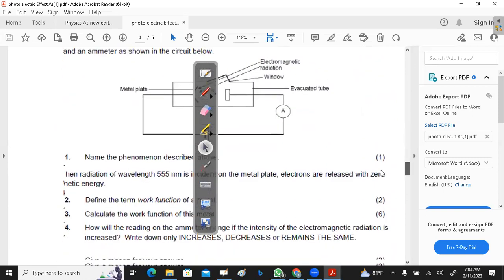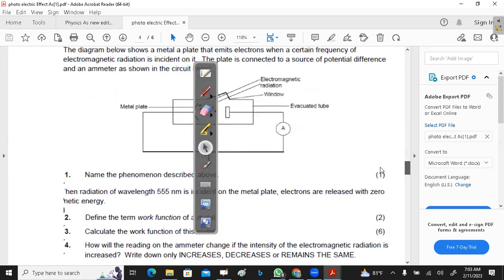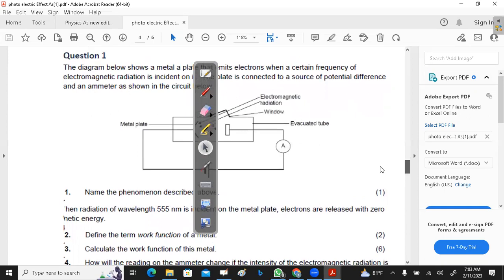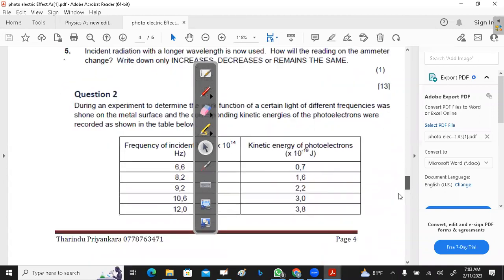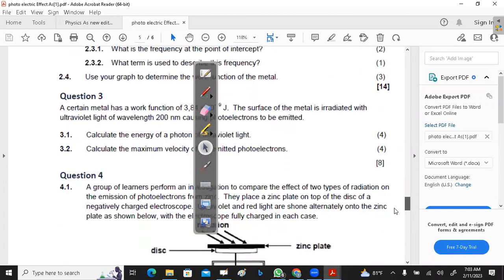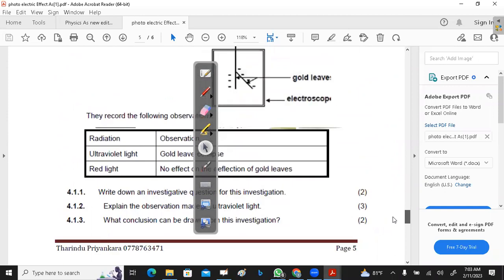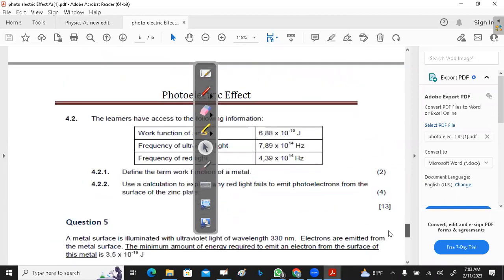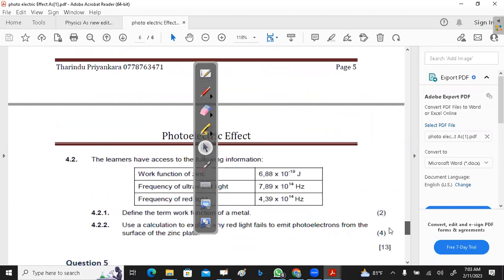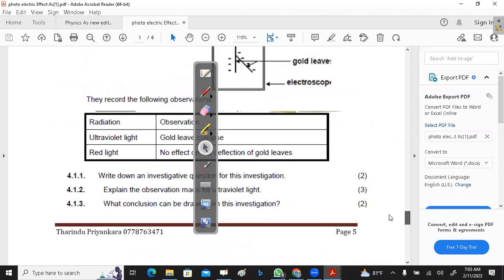Absorption and line spectra, everything is there. But I have to explain the very next part, the photoelectric cell. Let's discuss that in the next meeting. Before going for this, we may have to discuss some of these questions, like the observations in this investigation. It's a really good thing to do.